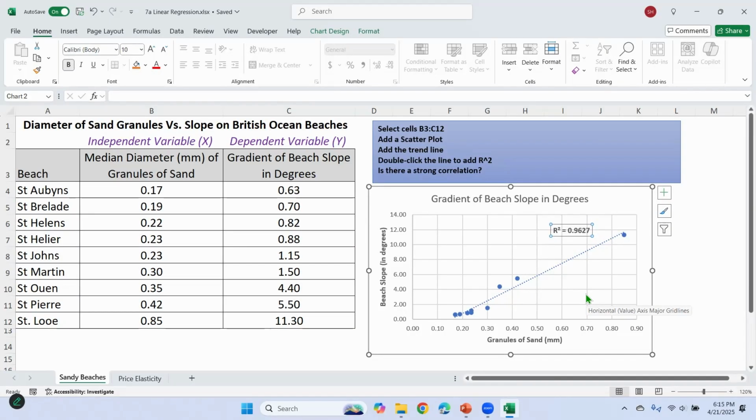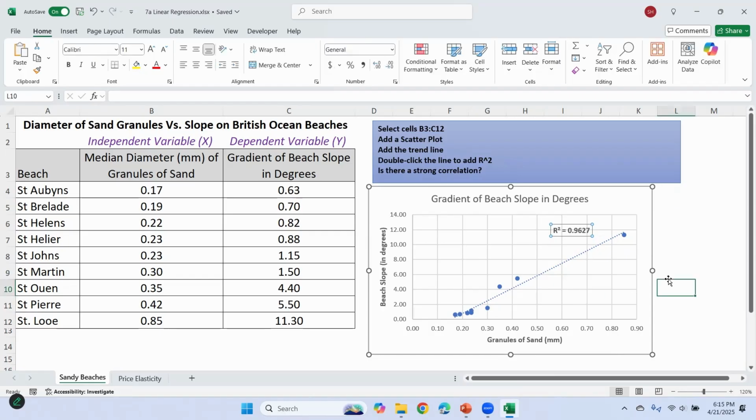So what we can say from this is, this explains very well that the slope of the beach is always related to the granules of the sand, the diameter of the sand, correct? The more the diameter, the more the slope of the beach is.